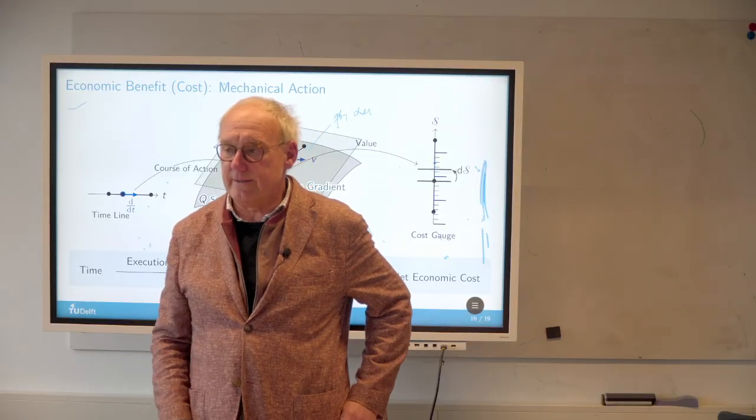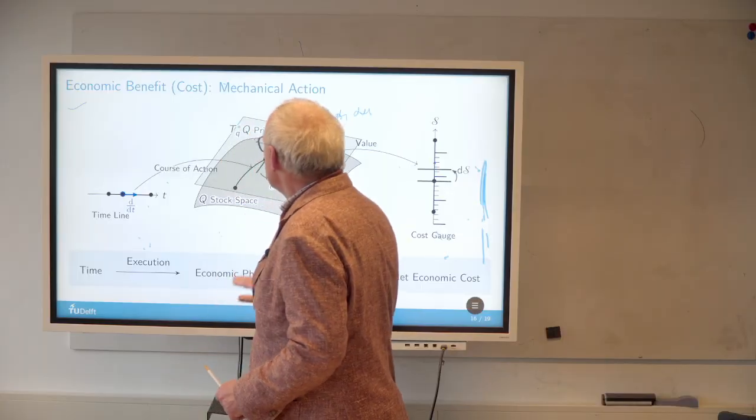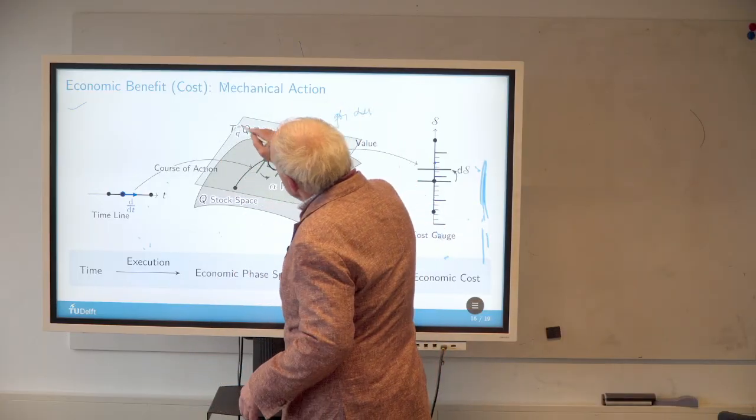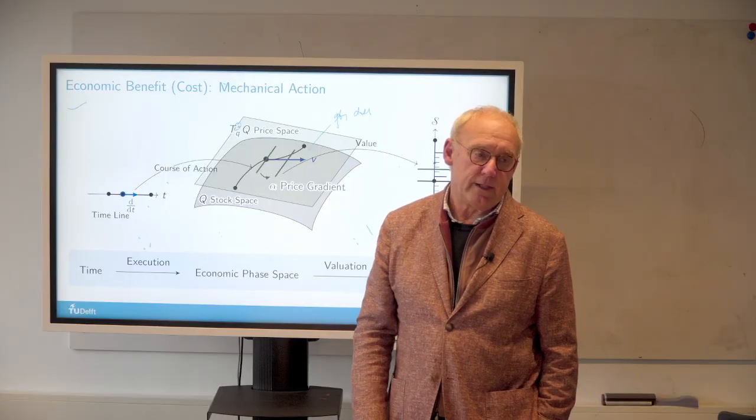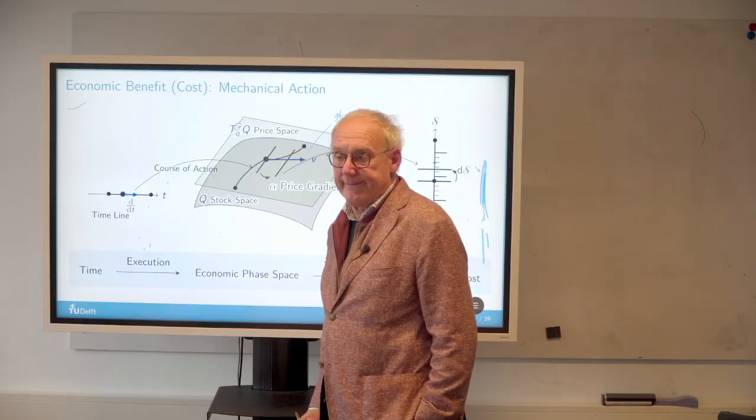This is the cotangent space, and it's usually indicated by putting a little star there.